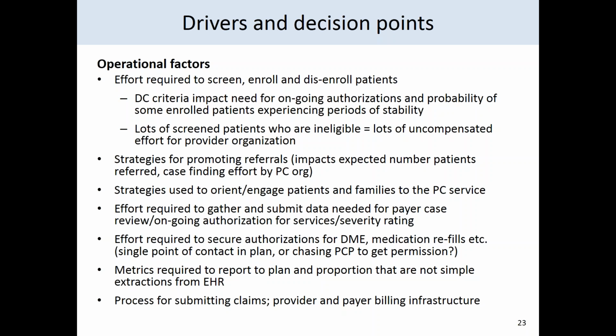And then finally, the process for submitting claims. Are they able to bill, or are some hospice organizations not? What is their infrastructure like? Are they going to have to pay another organization to do that work?